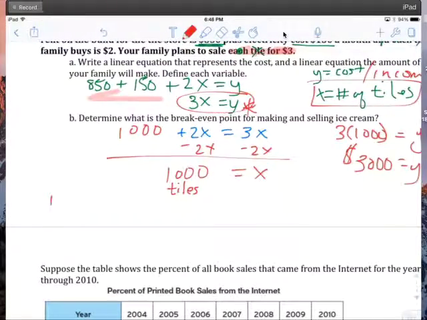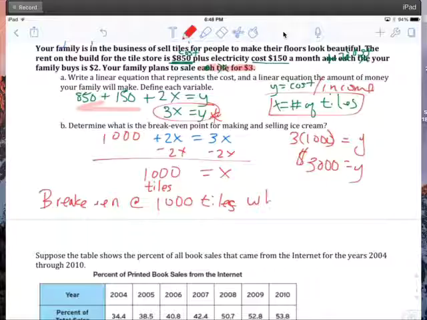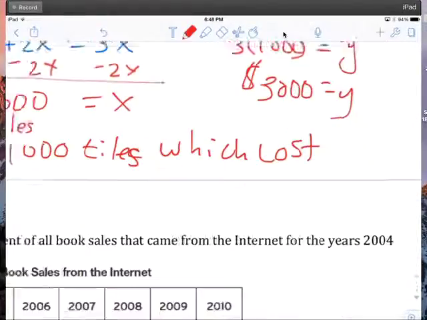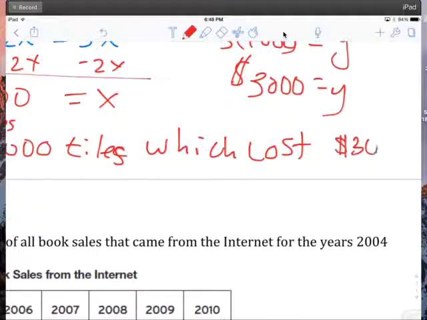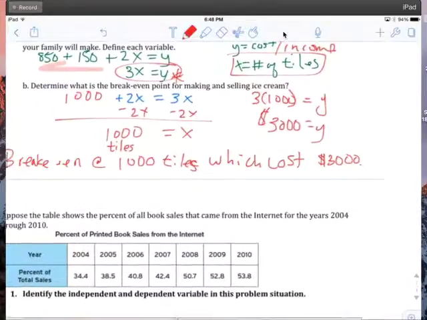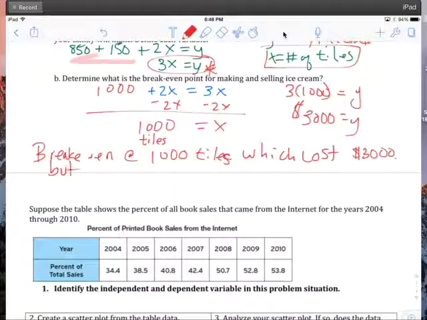Because you break even at 1,000 tiles, which cost $3,000, but you also make $3,000.